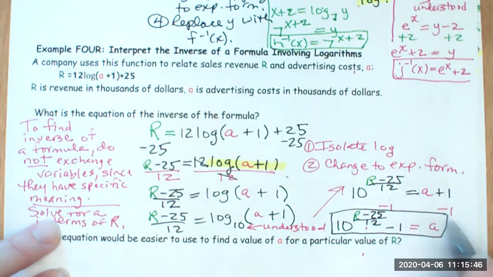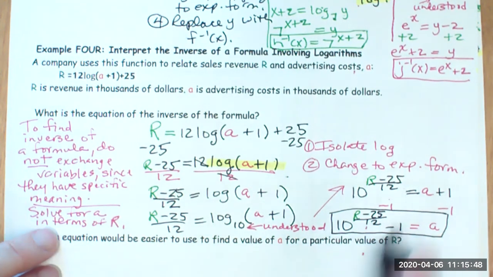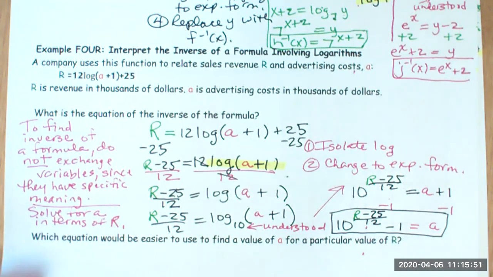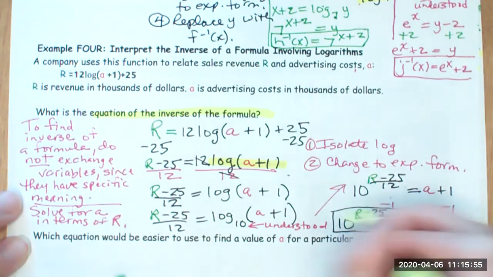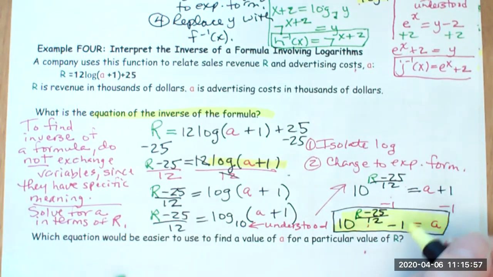And you could, of course, put the A on the left and the exponential expression on the right. So it says, what is the equation of the inverse formula? Here's the equation of the inverse formula, okay?